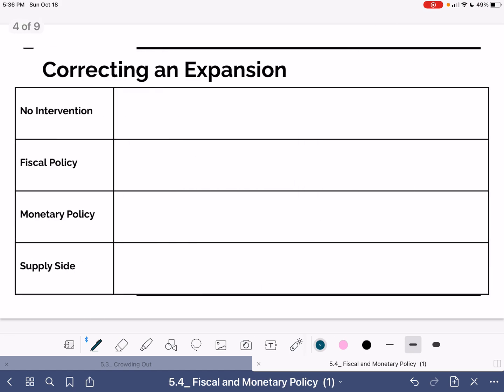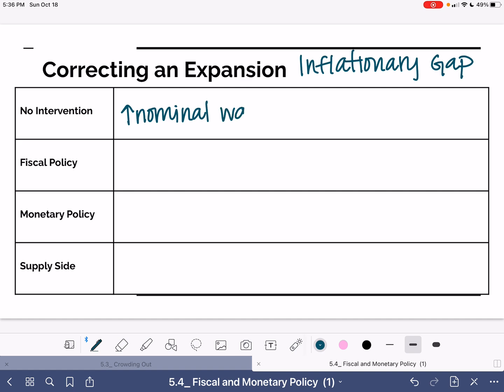Now let's review correcting an expansion or our inflationary gap. So no intervention, we need short-run aggregate supply to decrease. So in this overinflation, we're going to have an increase in nominal wages, which will then decrease short-run aggregate supply to close the gap.